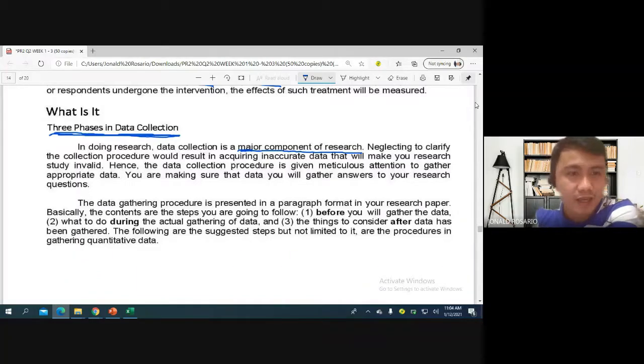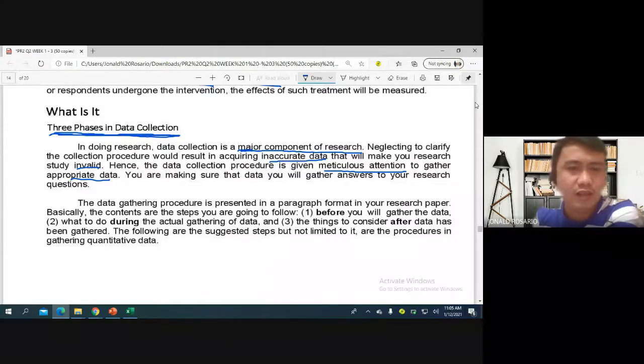Neglecting to clarify the collection procedure would result in acquiring inaccurate data that will make your research study invalid, of course. Hence, the data collection procedure is given meticulous attention to gather appropriate data. You're making sure that data you will gather answers your research questions.